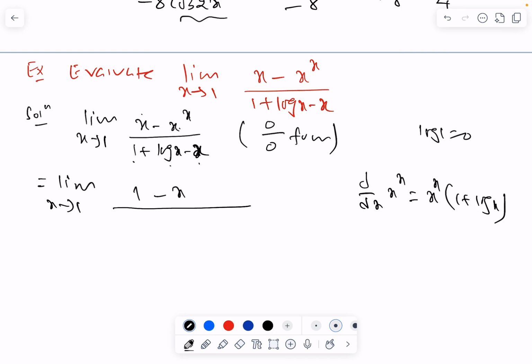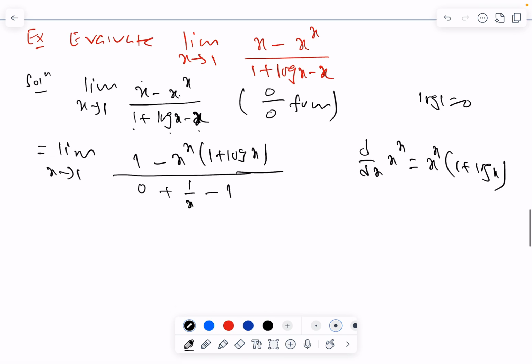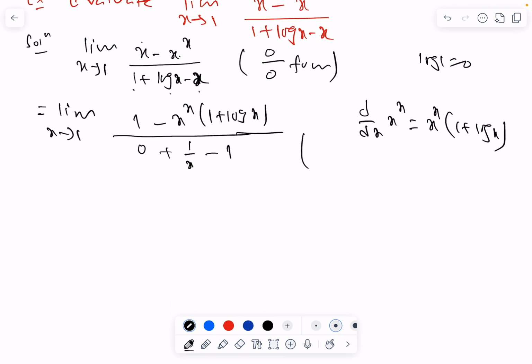So this is x^x into (1 plus log x). Derivative of 1 is 0. Derivative of log x is 1 by x. Derivative of x is 1. So now we again check x tends to 1. So this is 1, this is 1 plus 0, and 1. So this is 1 minus 1, 0. This is also 1 minus 1. So 0. So again we have 0 by 0 form.